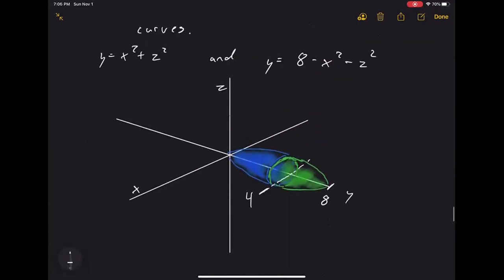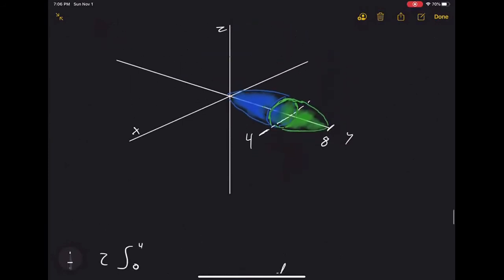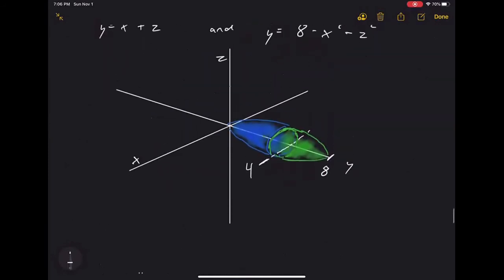And then the next part is choosing my bounds for my cylindrical coordinates. Here, I'm going to use this xz plane for my polar coordinates, meaning my r's and thetas are going to be in these vertical planes here.